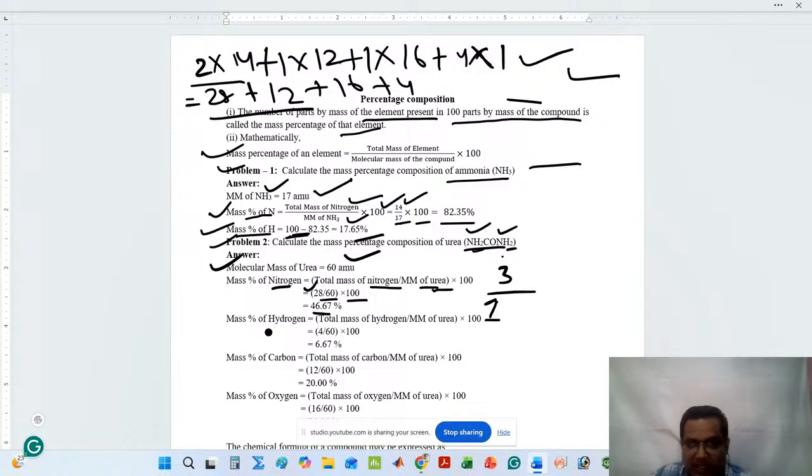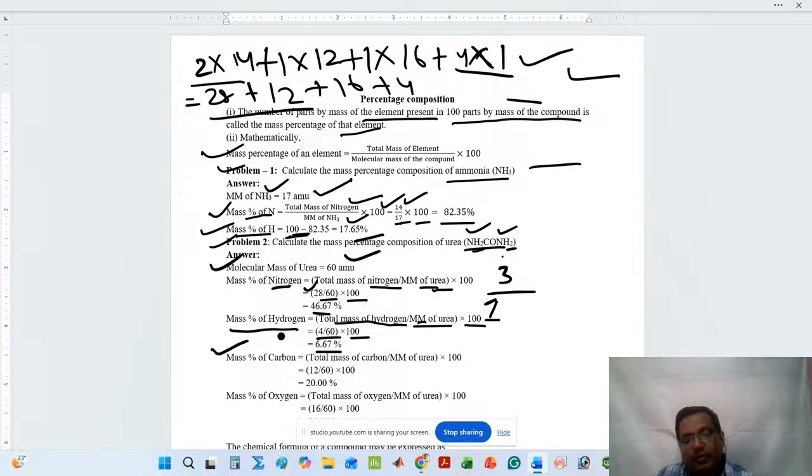Similarly, mass percentage of hydrogen equals total mass of hydrogen divided by molecular mass of urea into 100. Total mass of hydrogen is 4 into 1, so I can write 4 divided by 60 into 100. After calculation, you can find mass percentage of hydrogen is 6.67 percent.